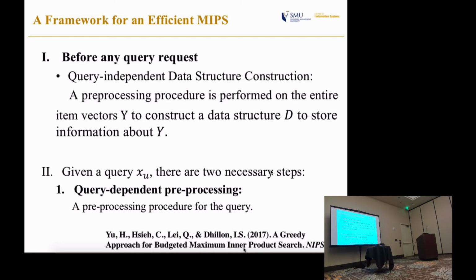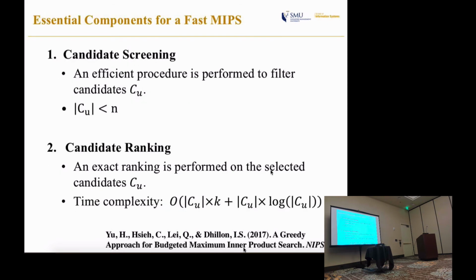The first step is query-dependent pre-processing. You pre-process the query vectors corresponding to these data structures. And after the query pre-processing, you perform the candidate screening, in which you filter out the candidates for inner product search. And after you have the candidates, you just do the exact computation and the re-ranking on the candidate items.